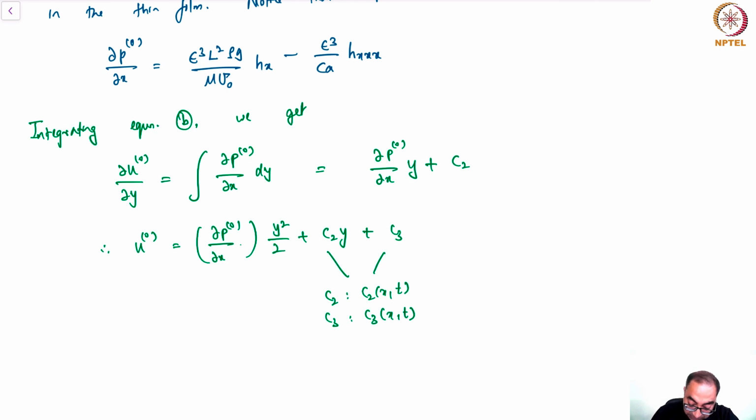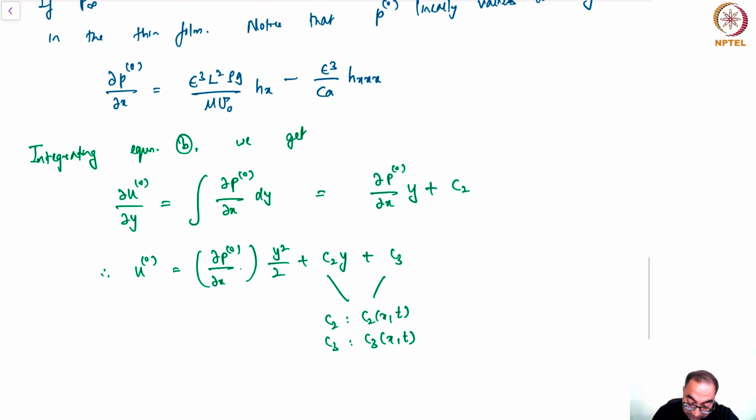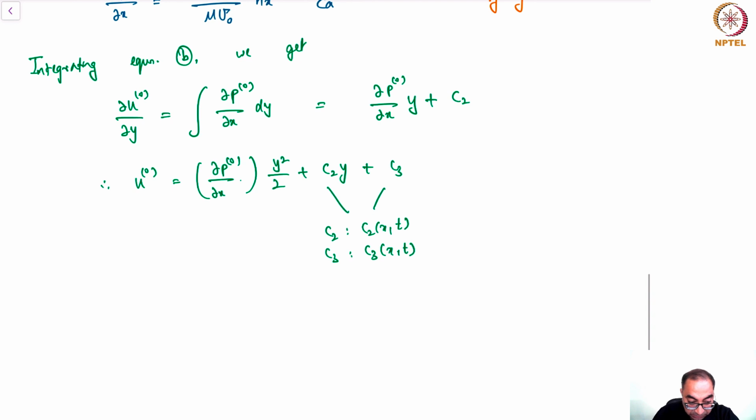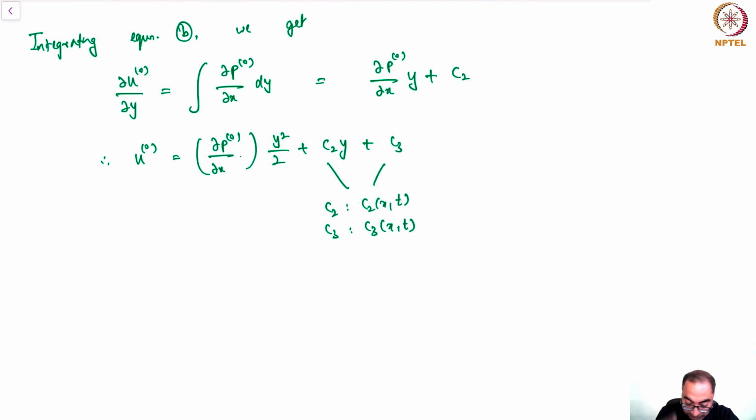So this kind of straightforward integration was possible because del p0 by del x is not a function of y. Now I've got the velocity in terms of two additional constants C2 and C3.